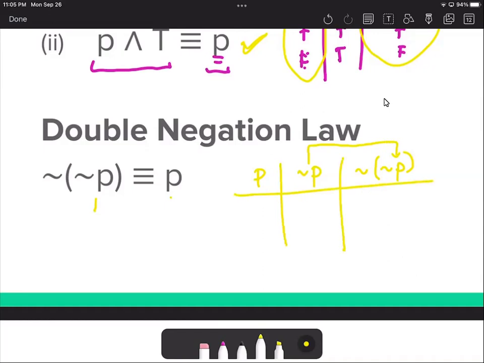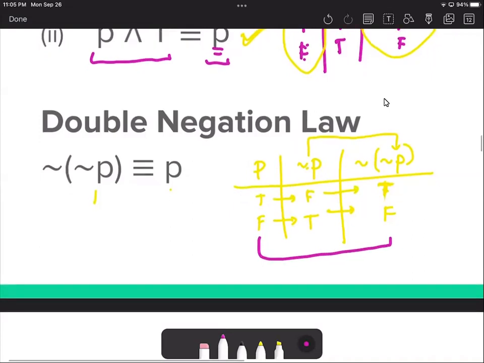P could either be true or false. So its negation, true will become false, false, true. Now taking its negation again, so false becomes true, and true is now false. Now we can see that this column and this column have equivalent truth values. So we can say that they are logically equivalent.